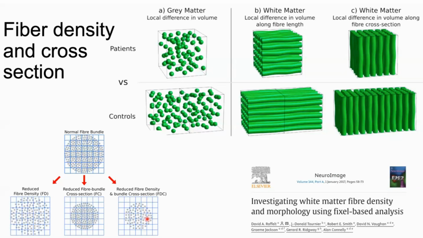In the case of significant global white and gray matter brain atrophy with expansion of the ventricles, I would think perhaps the bottom right case is the reduced cross section, with or without reduced fiber density, because the expansion of the ventricles is compressing white matter that's degenerated.